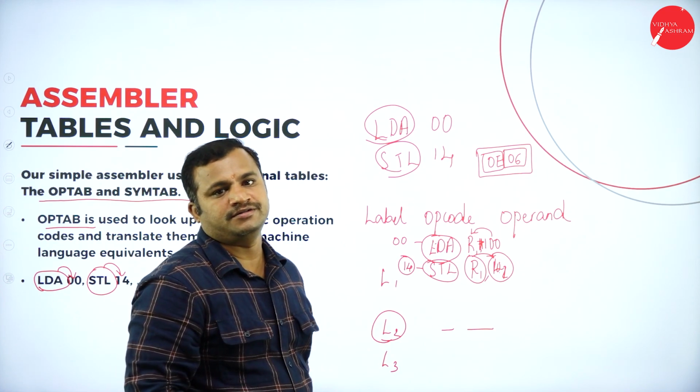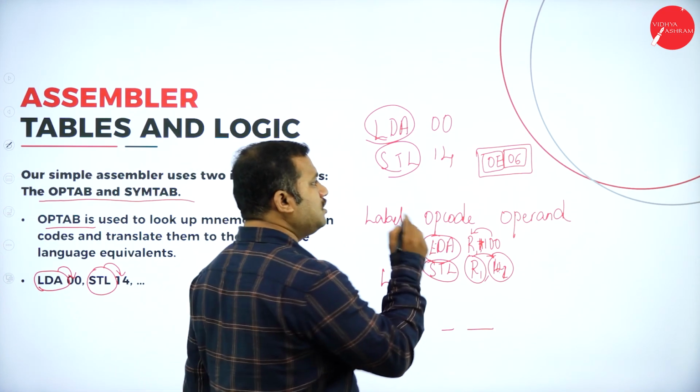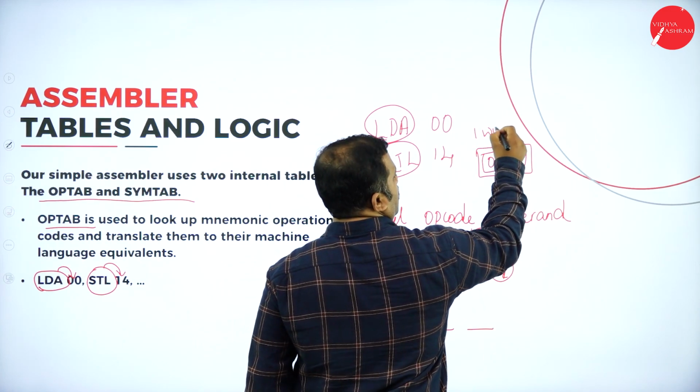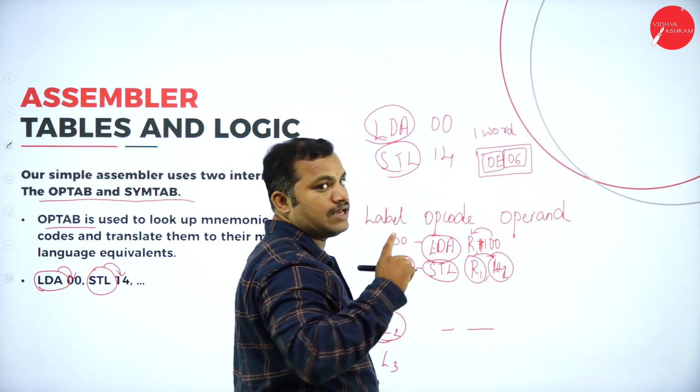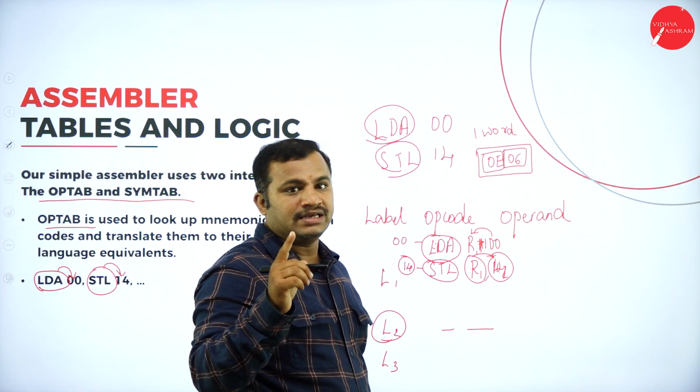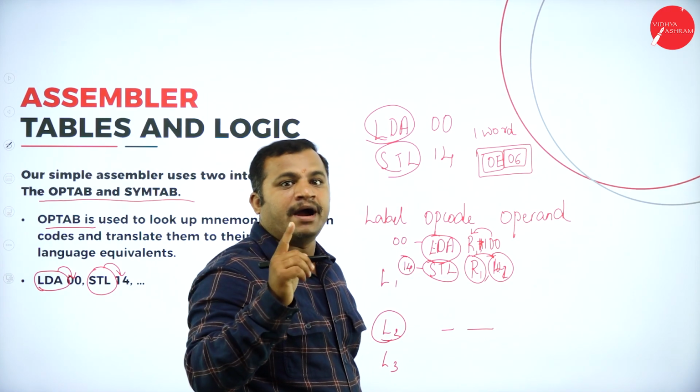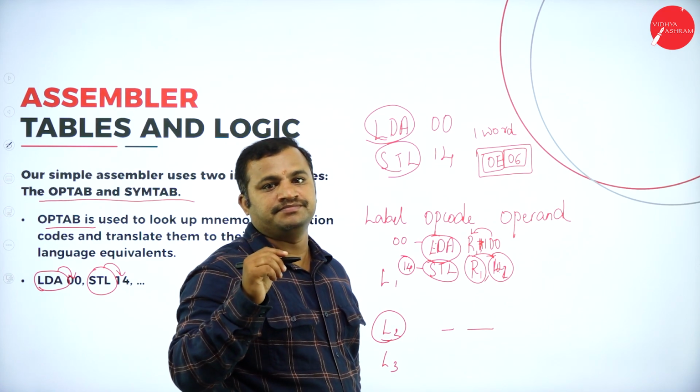the word, one word. What does that one word indicate? As I have already discussed in the first session, one word is equal to how many bits? 1 byte is equal to 8 bits.